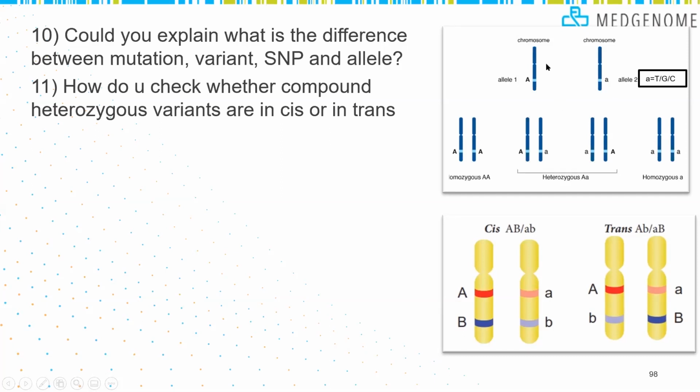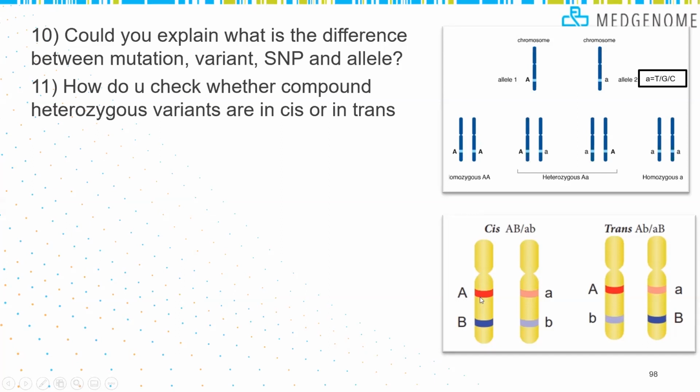So if allele 1 from one parent has A, then the other chromosome from the other parent can have the same allele, so it will be wild type, or it can have a different allele. So if one chromosome of interest has the reference allele and the second has a different one, then it would be a compound heterozygous.